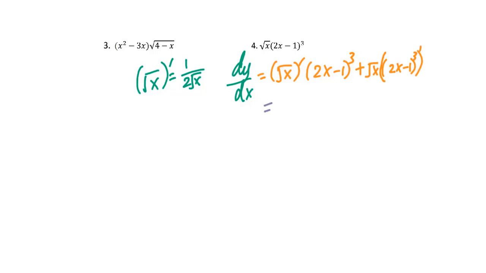For square root of x, you know that will be 1 over 2 square root of x. 2x minus 1 to the third power plus square root of x.